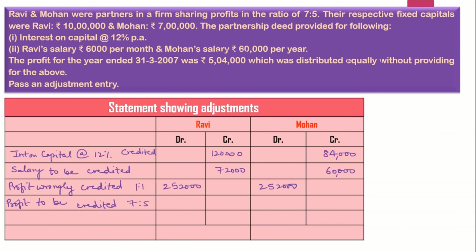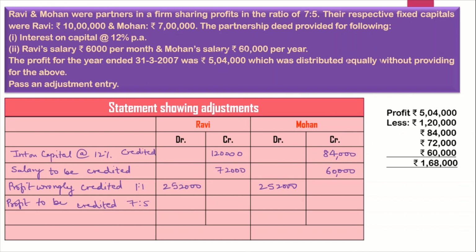Either, as I said, I can prepare my profit and loss account, or I can take it vertically. That profit 5,04,000, if you can see here, less the interest on capital and the salary which is provided, and I reach the divisible profit. Now I'm going to distribute this in the correct ratio, that is 7 is to 5, and credit the amount.